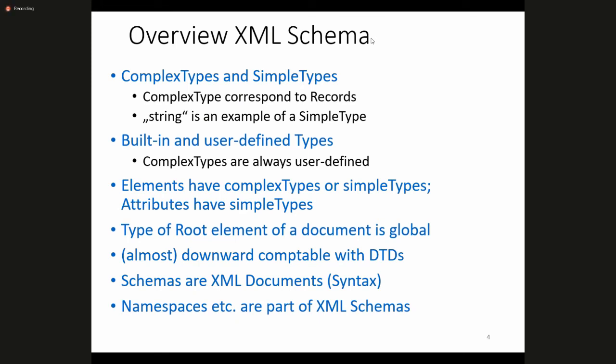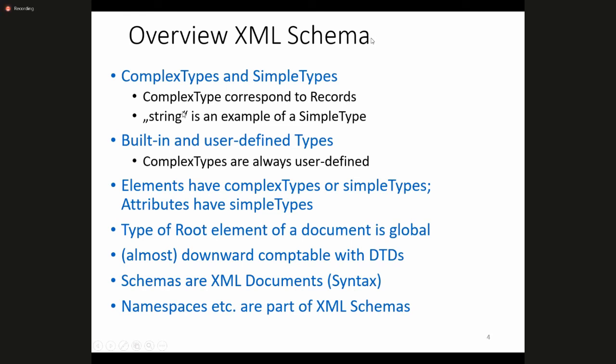So when it comes to XML schema, we have these things, complex and simple types, right? So complex types correspond to record, simple type is string, right? So in here, complex types means we can define our own data types, right? As an example, let's say items in the order. So there can be many item categories, right? So if we go to an e-commerce site, we can see many categories: women's clothes, men's clothes, baby items, like so we can define a complex type for that, right?